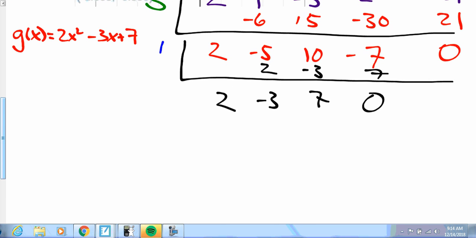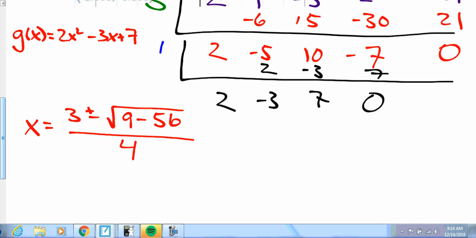So, what do I do when I can't factor? Quadratic formula. So, x equals 3 plus or minus the square root of 9 minus 56, all over 4. Okay? And then what do I get?